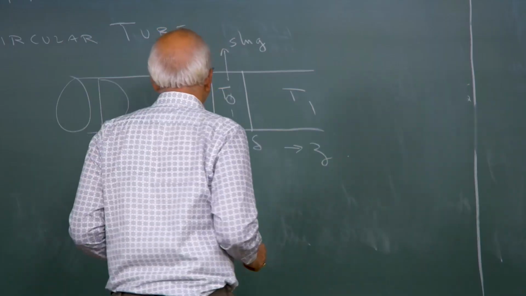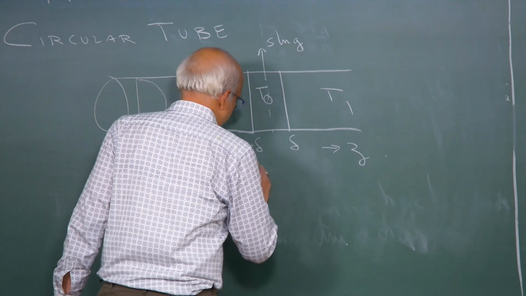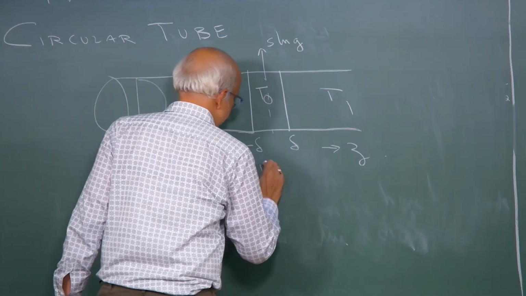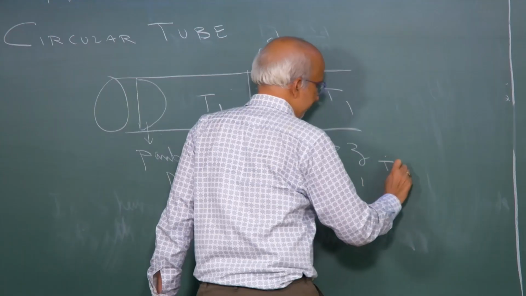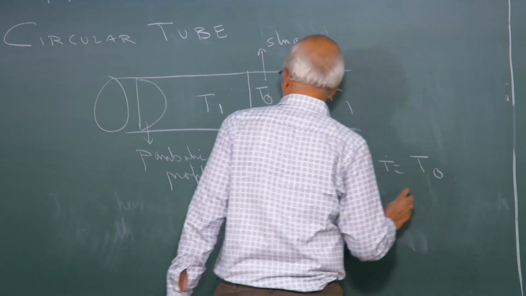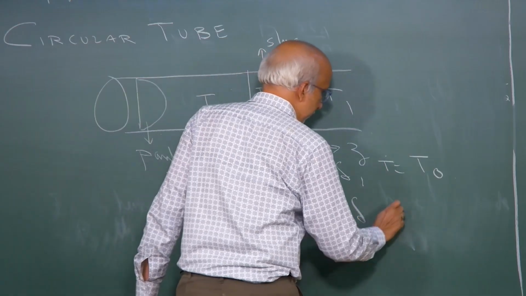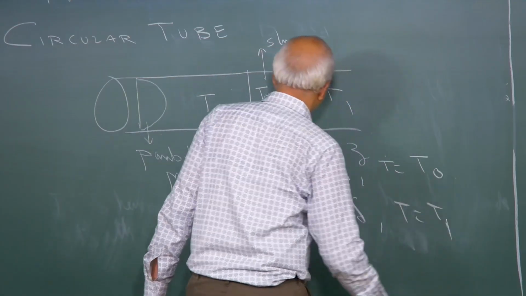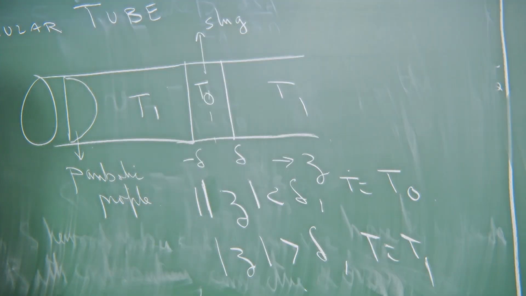So, there is this: mod Z less than delta, temperature is equal to T0, mod Z greater than delta, temperature equal to T1. Okay, that is the initial condition, and we have flow.